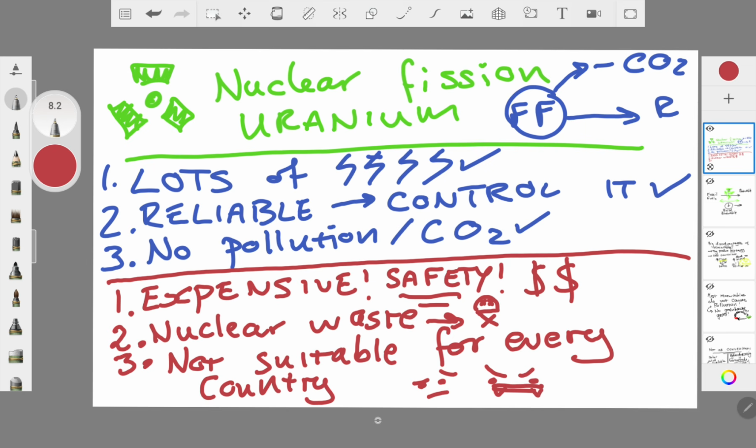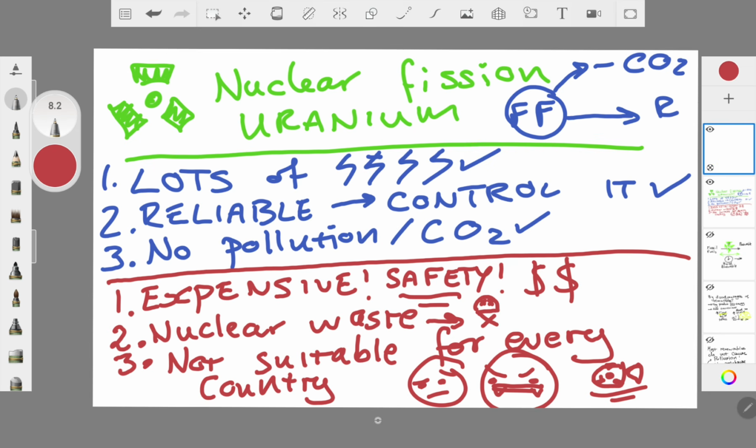If they're looking at a country and they're going, I think you're going to use it to make, let's say, a bomb, they're not going to give them any uranium, and rightly so. So, nuclear power is very useful. It can help us bridge the gap, but there's only certain countries that are going to be able to use it, because there's only certain countries that are going to have the money and the technology and the allies to be able to use it properly and safely. Okay?